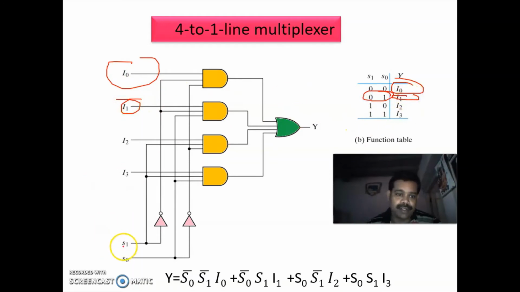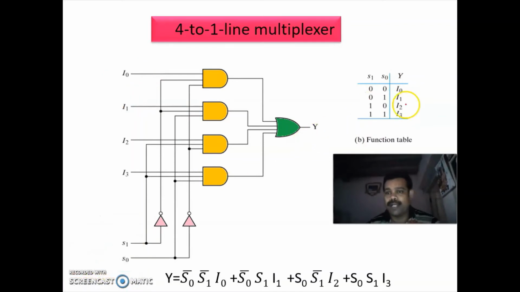When S1 S0 is 1 0, I2 is transferred, and when S1 S0 is 1 1, I3 is transferred. So when 0 0, you get the output as I0; when 0 1, I1; 1 0, I2; and 1 1, I3.